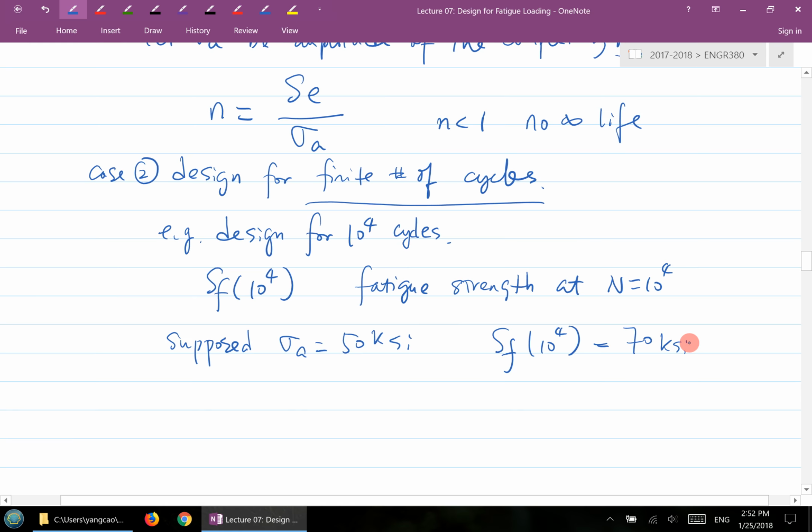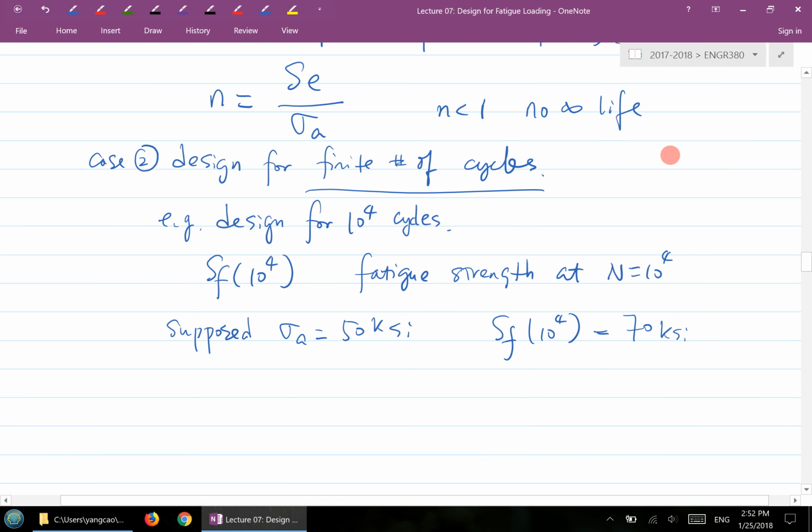In other words, your value is lower than this. So you can see my safety factor is basically 1.4. So you're safe. Basically, you can achieve this number of cycles under the current completely reversed loading. Is that clear?